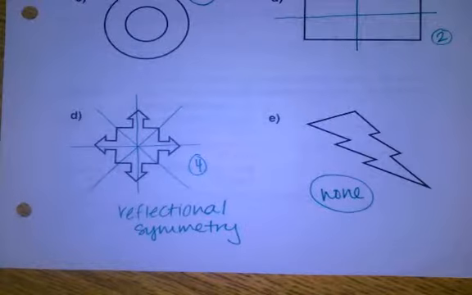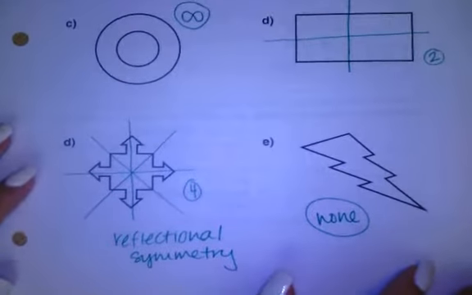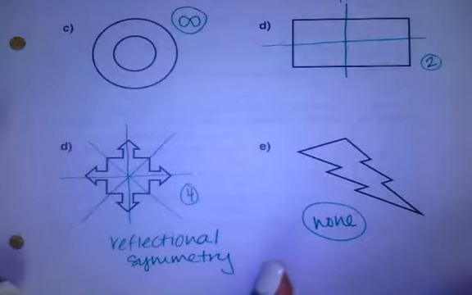How many lines of reflectional symmetry would a pentagon have, an octagon, a heptagon, etc.? But this is all you need to know about symmetry. Any questions before we move on to the transformations part? Okay.